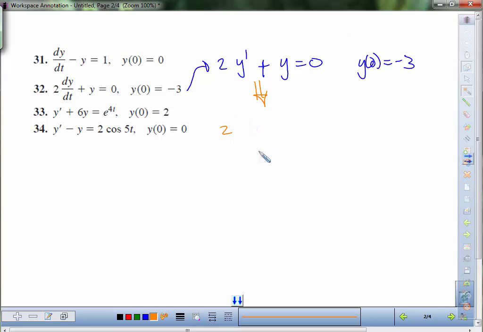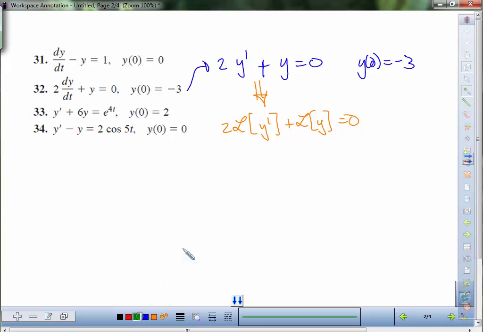So let's say we're not quite there in the S world yet. This is our S world color, orange. No, this is our transition color. So we have 2 times the Laplace transform of y prime plus the Laplace transform of y is equal to 0.